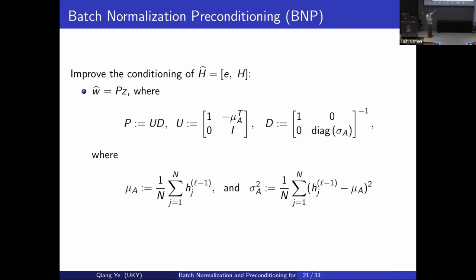U is a diagonal-ones, block upper triangular matrix, with mu A being the mean of the mini batch of the hidden H_{L-1}, and minus mu A transpose in the top right corner. So basically we put the mean here, and the standard deviation, constructed as a diagonal matrix, and then D is the inverse of that. So basically we just divide by standard deviations.